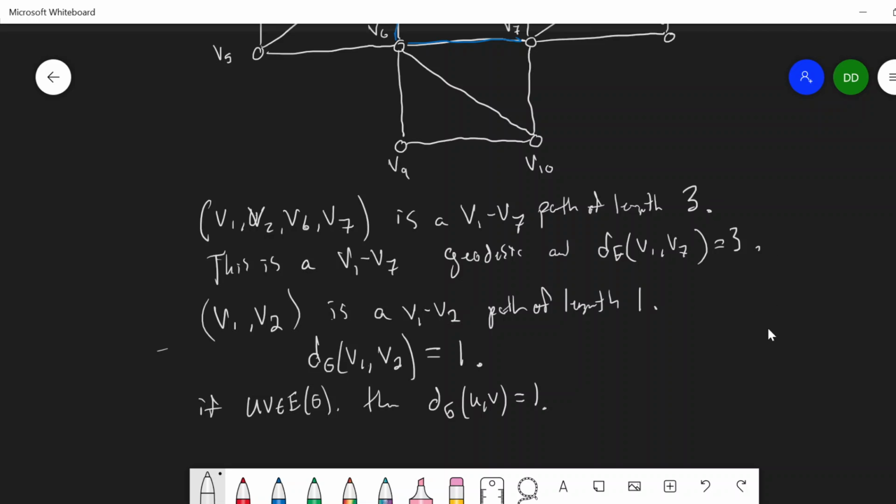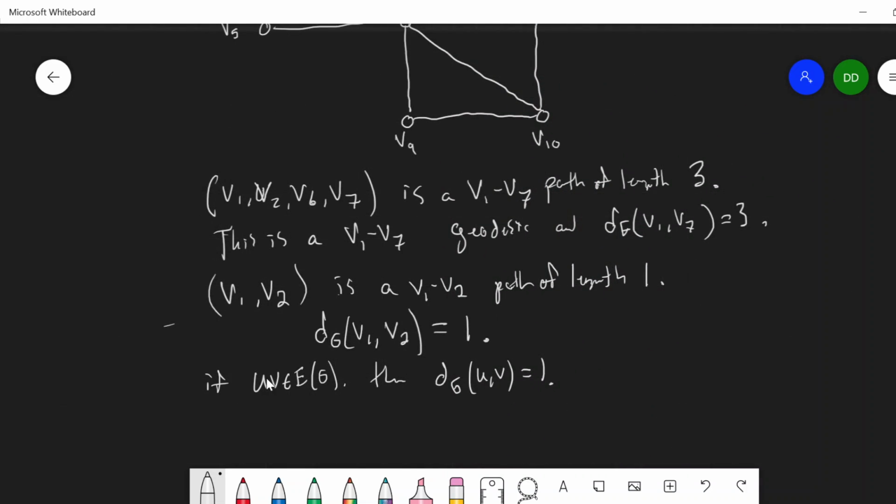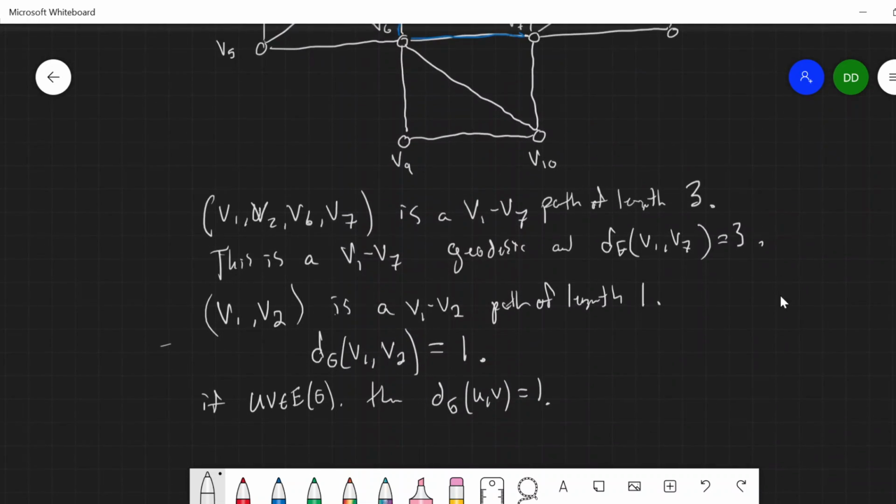So the distance is 1 if and only if the two vertices are adjacent. If the distance is 1, then certainly there's an edge there. So that's an if and only if.